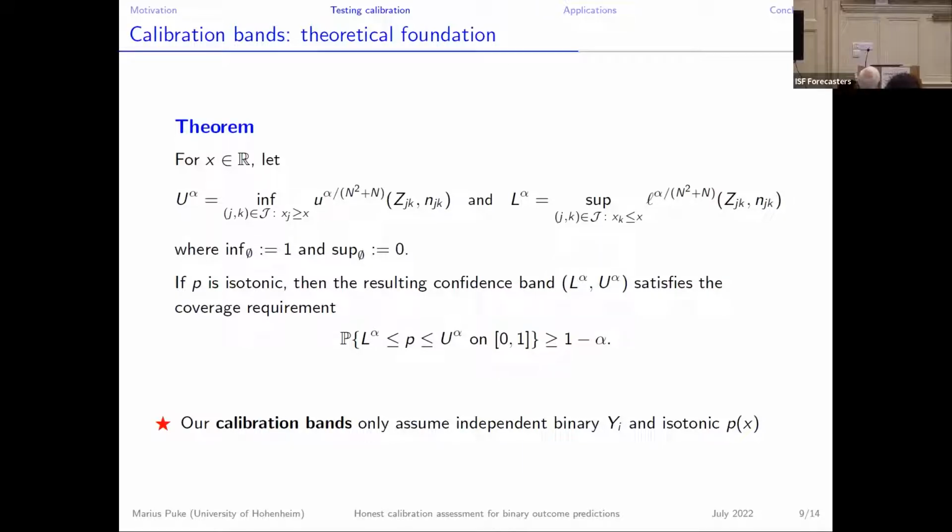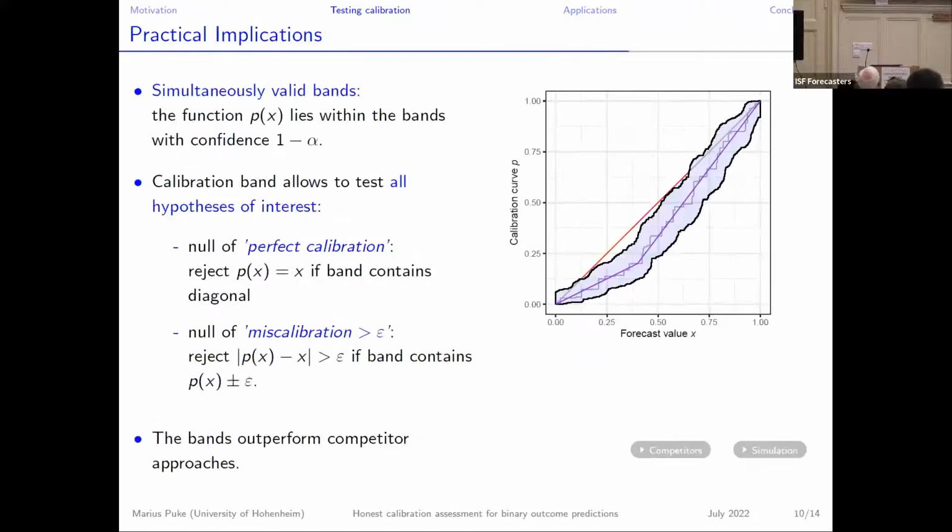So we are confident with 1 minus alpha that this underlying function p lies within this confidence band that we are proposing. So to sum up, we just use two assumptions, independence of outcomes and a monotonic relationship between predictions and outcomes, to come up with these confidence bounds. This has then some practical implications here. So these bounds that are arising from that procedure are simultaneously valid.